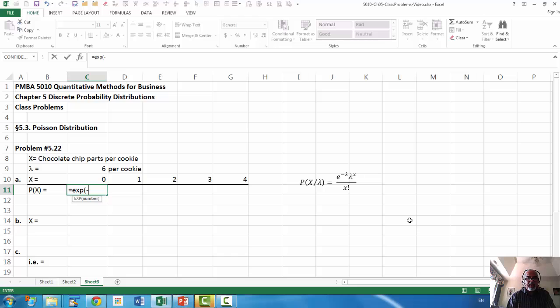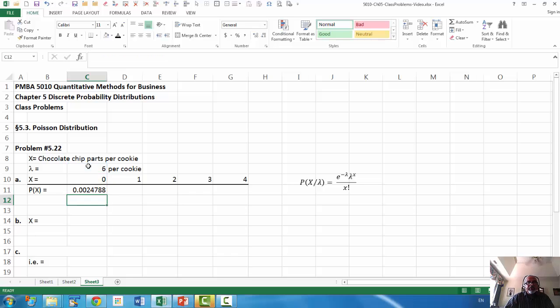Exp to the power of minus lambda here, and let's make that absolute reference, times lambda, again make that absolute reference, to the power of x, divided by x factorial. X factorial is fact x. Fact is the Excel function for factorial.